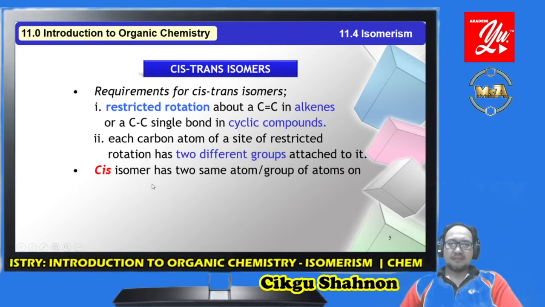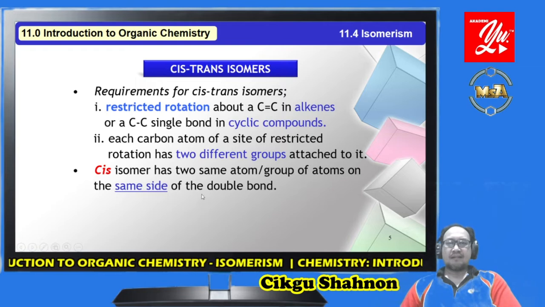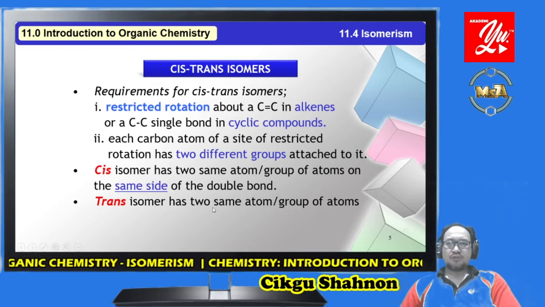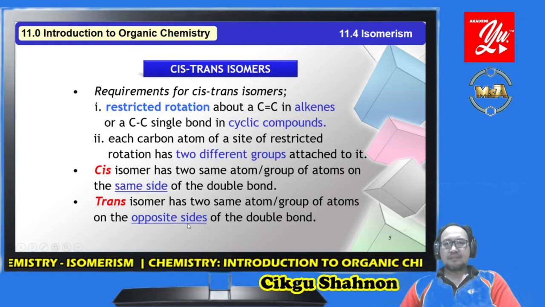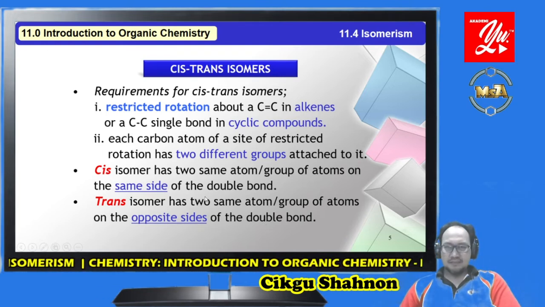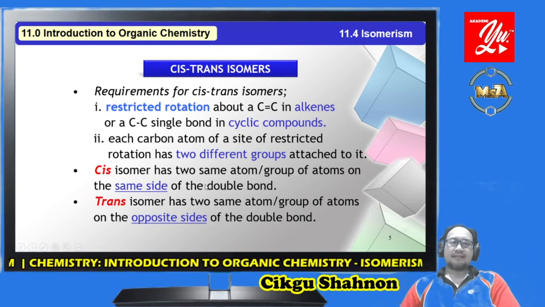A cis isomer has 2 same groups or atoms on the same side of the double bond. Okay, this is for cis isomer. A trans isomer has 2 same atoms or groups of atoms on the opposite side of the double bond. This one is same side. This one is for trans, opposite sides.